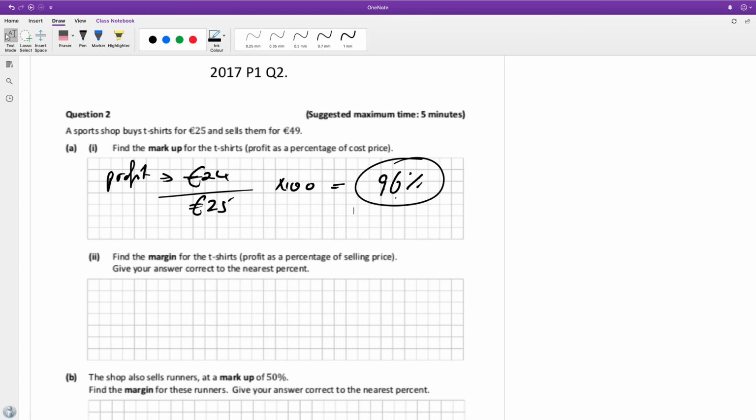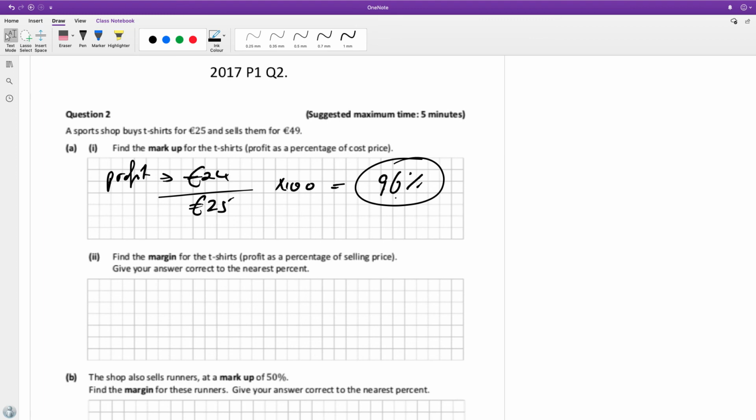Margin. Profit as a percentage of selling price. What you reckon?